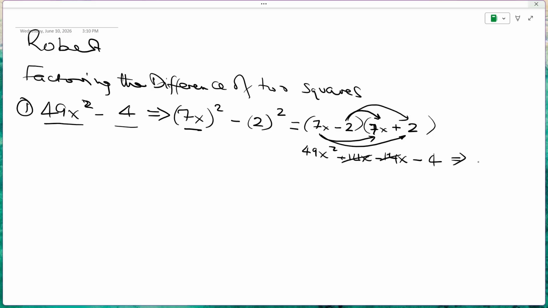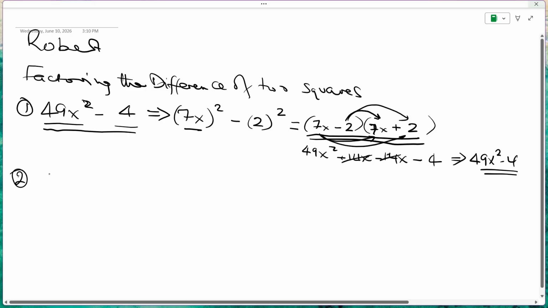And in the end, we'll get our final answer as 49x squared minus 4. So this answer here is the final one that we are looking for. Below here, we're just trying to prove that it can give us back our initial expression here of 49x squared minus 4. Now let's try out a second example, example number 2.